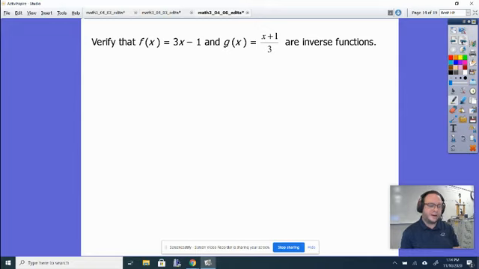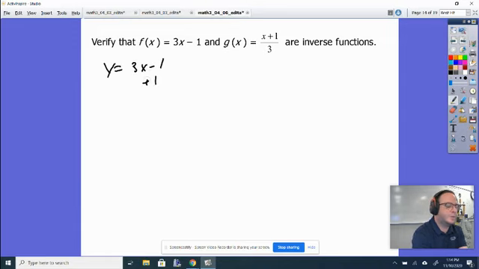So for this one, verify that these things are inverses. Just check both ways. Okay, and you do want to check both ways. It's important you check both ways. But I start with y is equal to 3x minus 1. Oh, sorry, going way too fast.